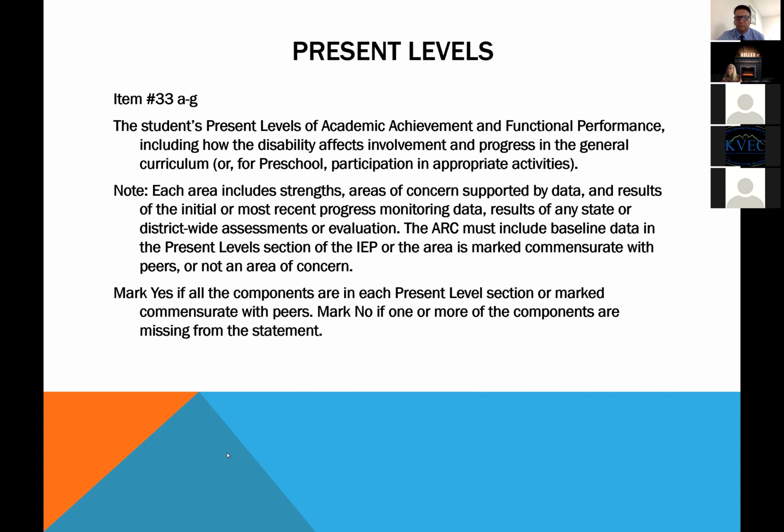So we'll mark yes if all the components are in each present level section, or it's marked commensurate with peers. Again, as Denny Paul said Monday, you can mark commensurate with peers and you can still have a statement in there if you want to. That means that you don't have to write a goal.